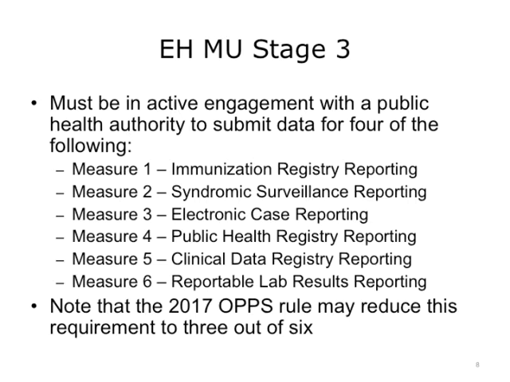Note that the 2017 Outpatient Prospective Payment System, or OPPS, rule may reduce this requirement to 3 out of 6. The hospital could choose to report to more than one public health or clinical data registry. Also notice that for MU Stage 3 and MIPS, registries are classified as public health registries and non-public health, or rather clinical data registries.